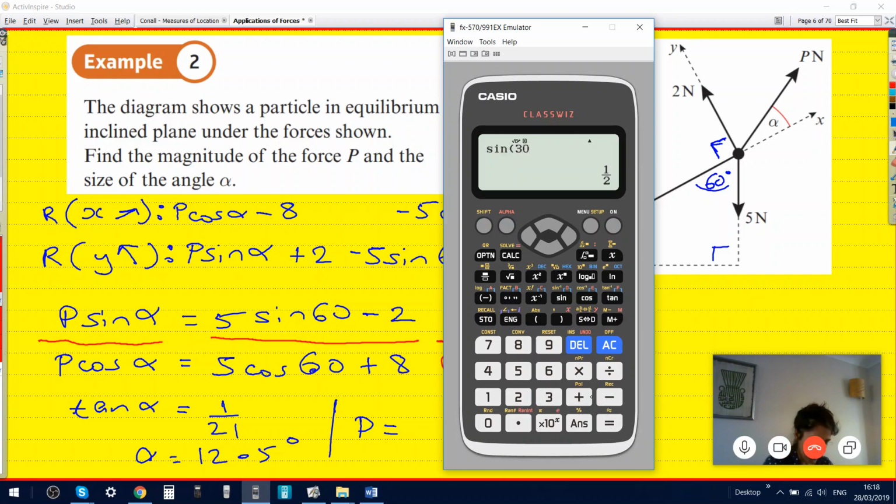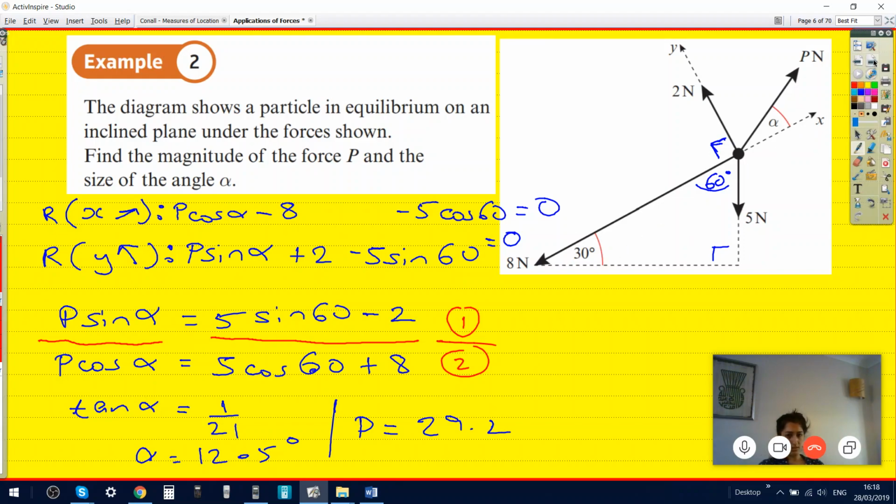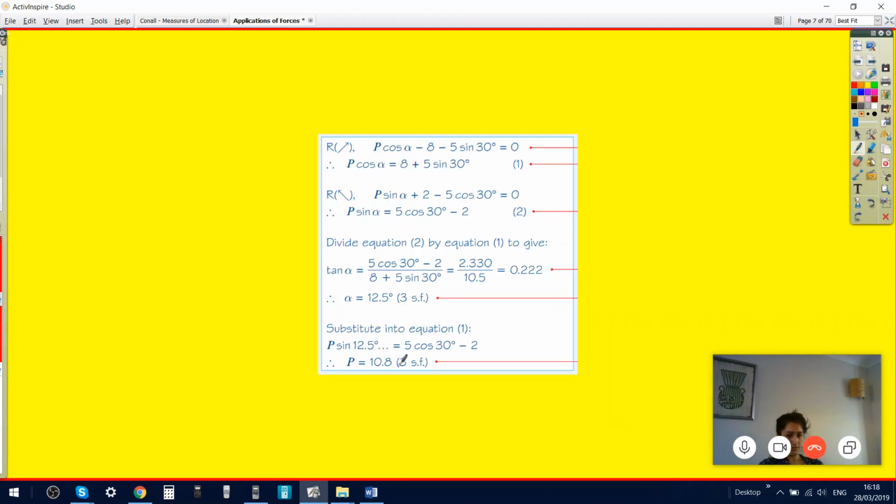I'm going to do it in the fraction way because I always get an accurate answer with the fraction way. So 2 plus 5 sine 60 over sine 12. Oh, wait, no. What did I just work out? Oh, A, yeah. 29.2 I got. 29.2 newtons. No, I got something else.